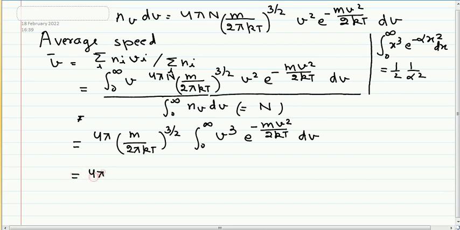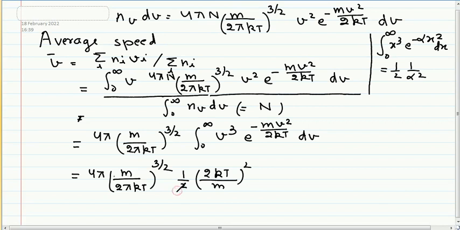So it will be 4 pi, and then m upon 2 pi kT to the power 3 by 2, and then this value. So this is half and then 1 upon alpha square. So alpha is m upon 2kT, and because alpha is in the denominator, it will become 2kT divided by m, into whole square.